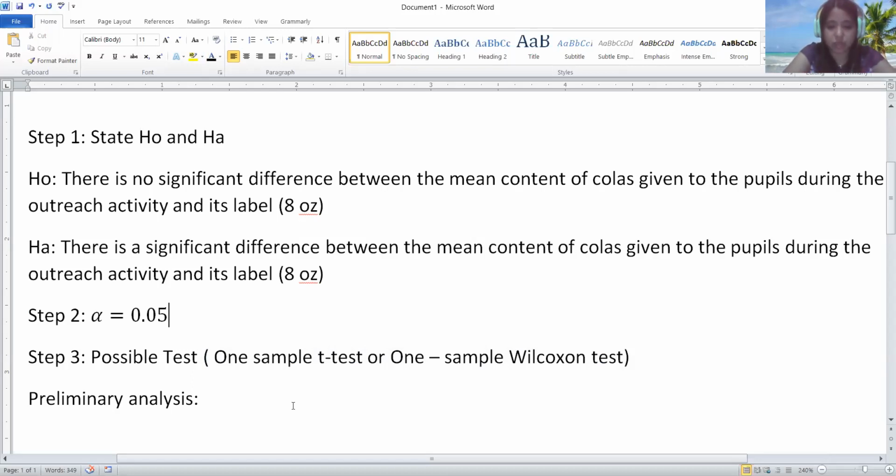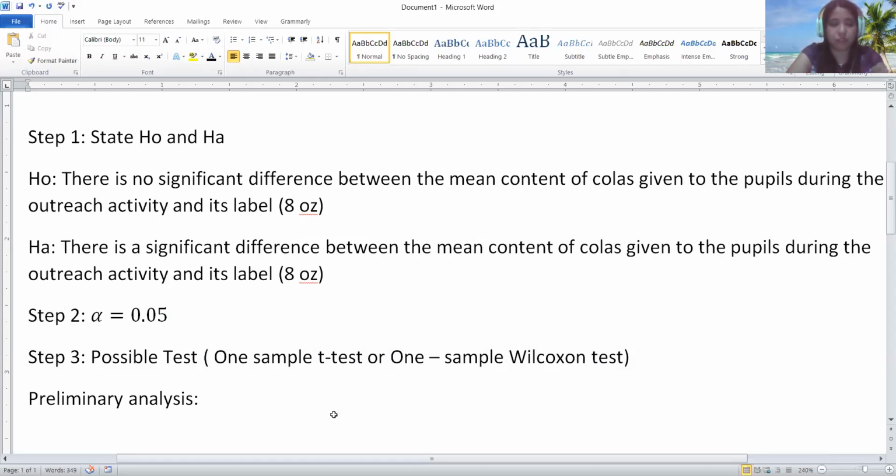So let us check the nature of the data. So this is the data. Obviously we are talking about the content, so it is being measured. This is 7.3 ounces, 7.8 ounces, 6 ounces, and all the other values here, which means it is at least interval.